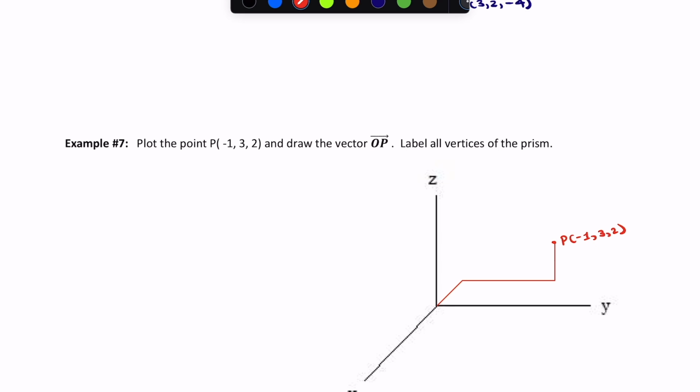So here we draw our prism. I should use a different color here.